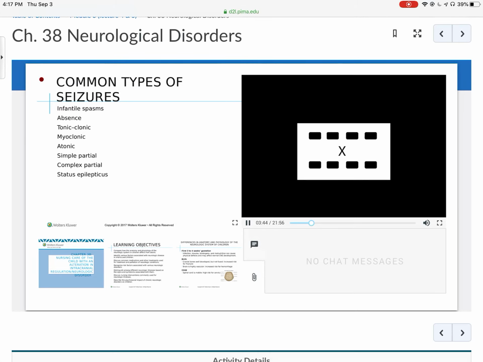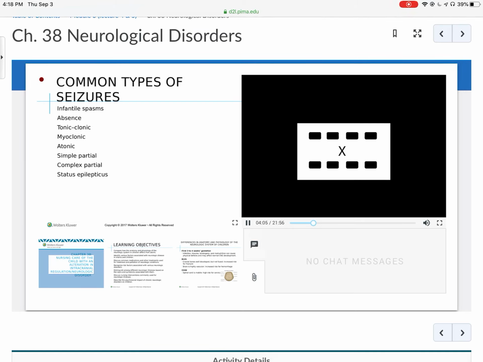So types of seizures, we're going to talk about a few of the types of seizures that we see in kids. Infantile spasms, Doris may mention those in your OB lecture, and those are usually between 3 and 12 months of age.